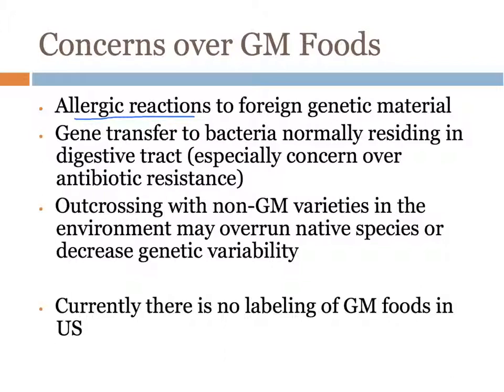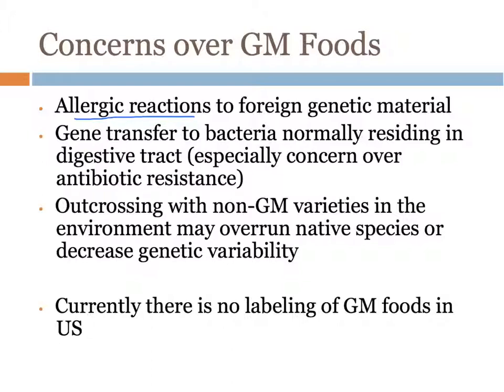To my knowledge, there's not been anything that has happened yet, but you could see if somebody is allergic to peanuts and never expects to see a peanut gene in their tomatoes, but a peanut gene has been used for some particular reason because it makes this tomato more profitable, then they might have an allergic reaction to the tomatoes because of the presence of the peanut gene.